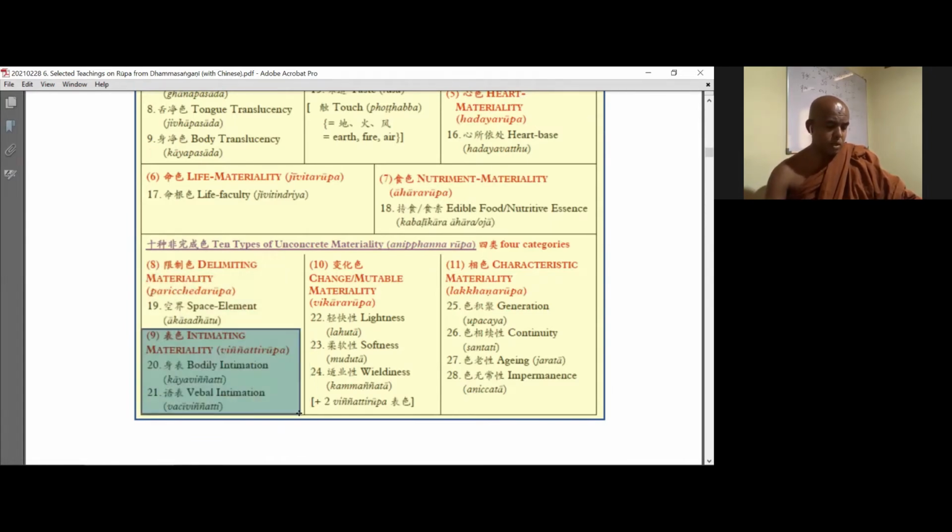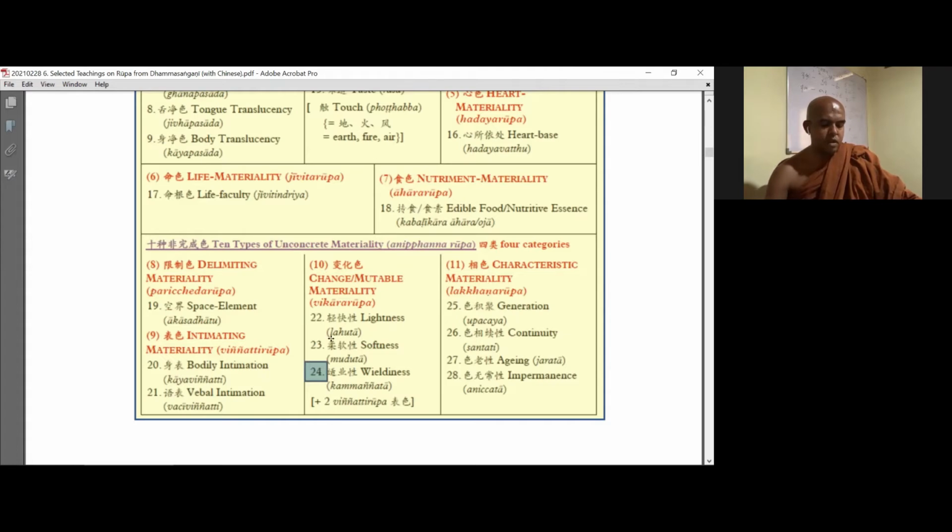What are the two intimation? Bodily intimation and verbal intimation, kaya vinnatti and vaci vinnatti. And after that, the change materiality, vikara rupa. There are three: lahuta, muduta, and kammannata.